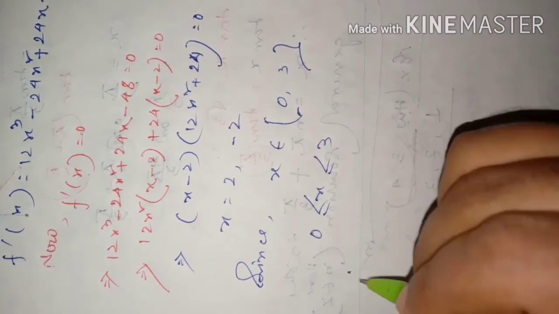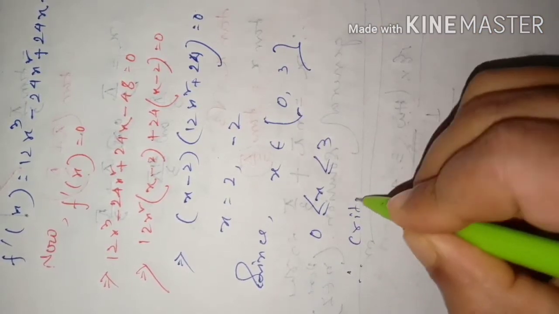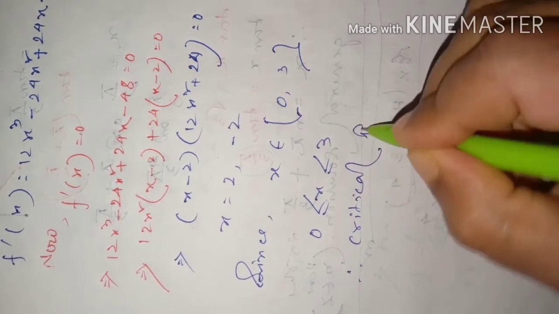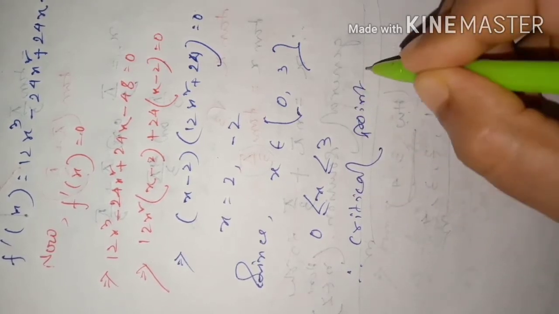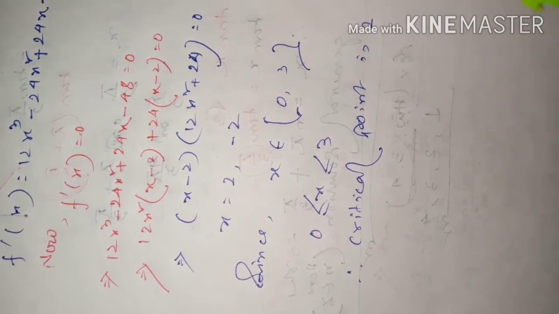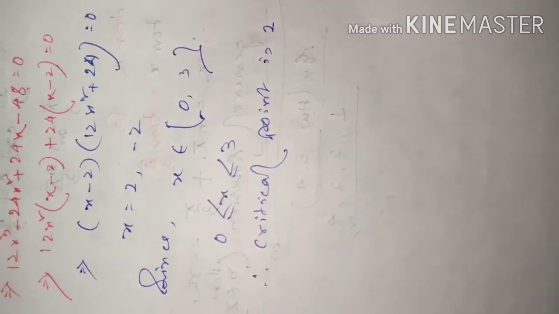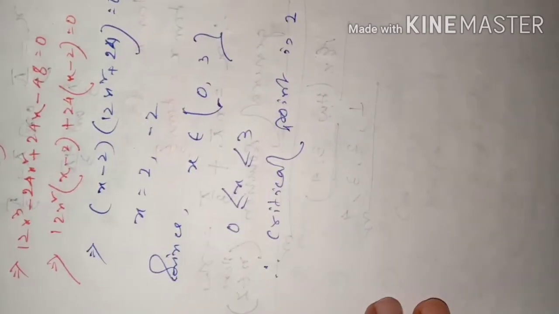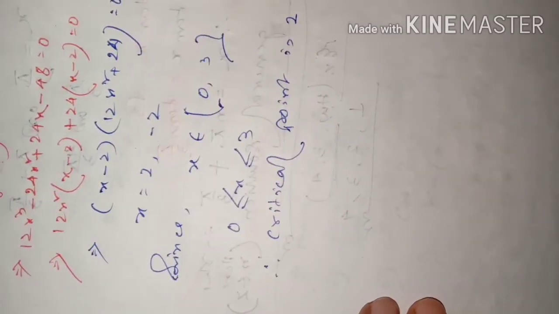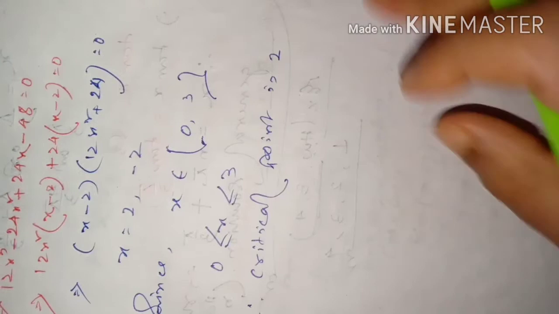Therefore the critical point is 2 only. So we will check the value of the function at the critical point and the endpoints of the interval.